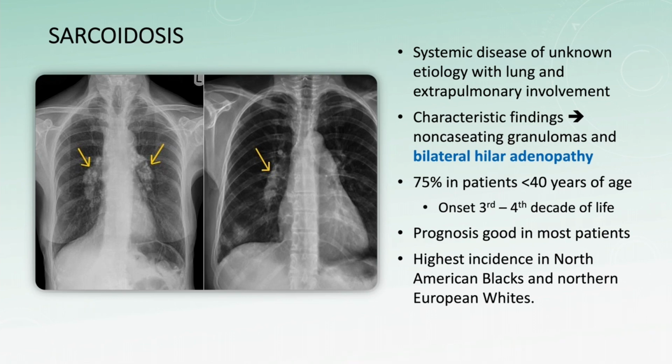If you see it in the real world, or mismatched with all sorts of other system questions, like on your PANTS, it can be hard if you don't know what you're looking for, because it causes such a constellation of symptoms. But if you can remember the non-caseating granulomas and bilateral hilar adenopathy in a 30 to 40-year-old African American female, you're going to get it right. Okay?